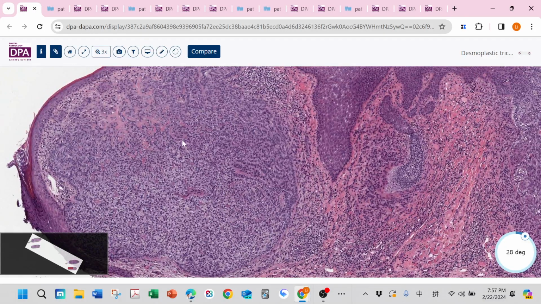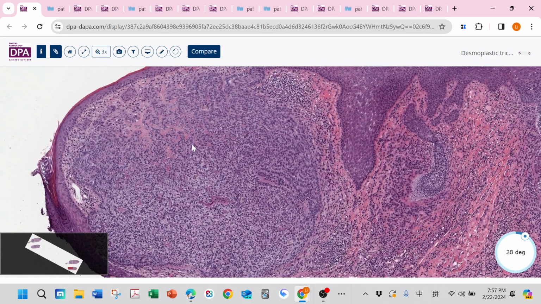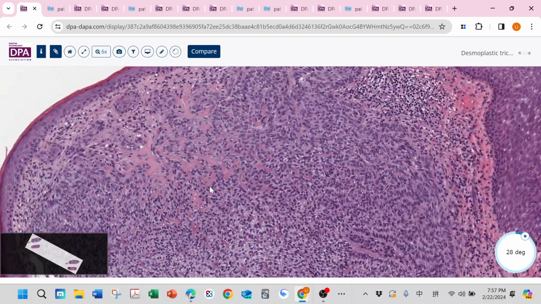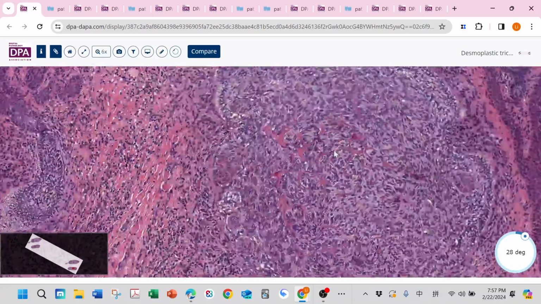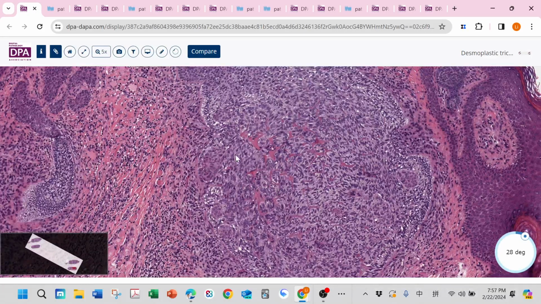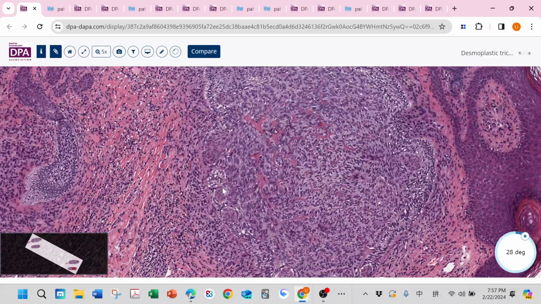But another thing I would like you to pay attention to: this one is desmoplastic trichilemmoma, because here you may see a little bit of atypia of the cells. They also form this whirling structure, that is squamous eddy.